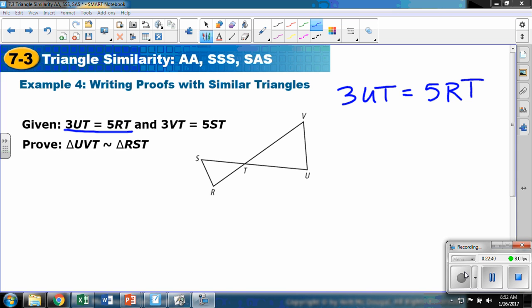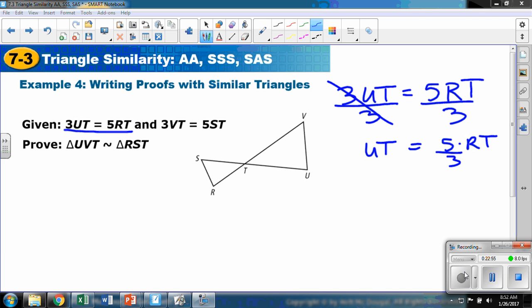If we were to divide both sides by 3, this becomes UT equals 5 times RT over 3. If we divide by RT, that cancels, giving us UT and RT with a scale factor 5 over 3.